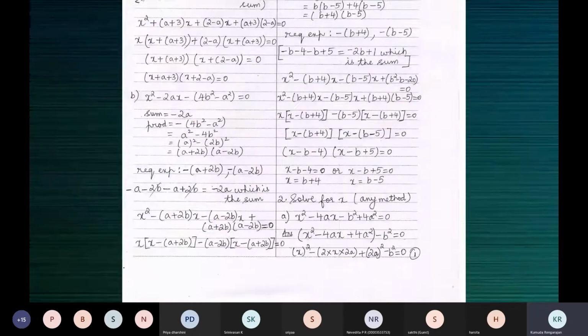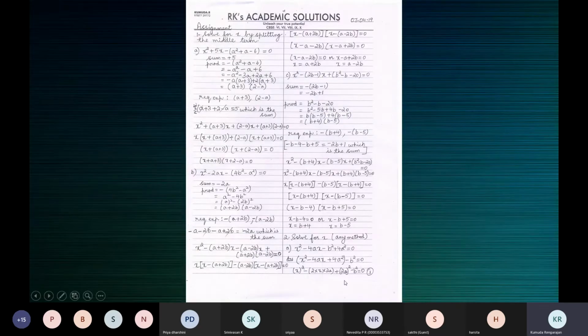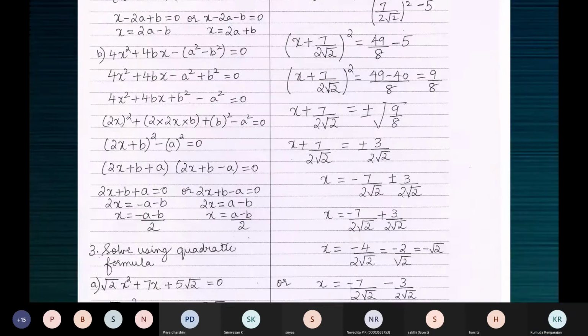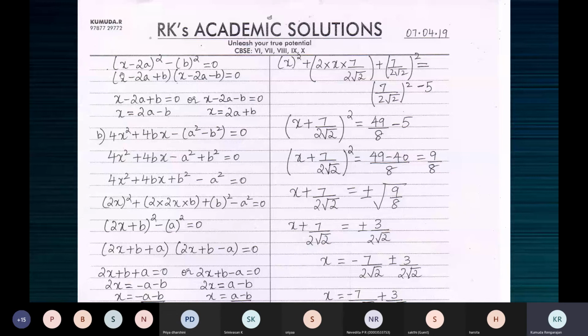And that will be x minus 2a the whole square. And this minus b square as it is. x minus 2a the whole square, because it's in the form p square minus 2pq plus q square, which is p minus q the whole square, and minus b square.